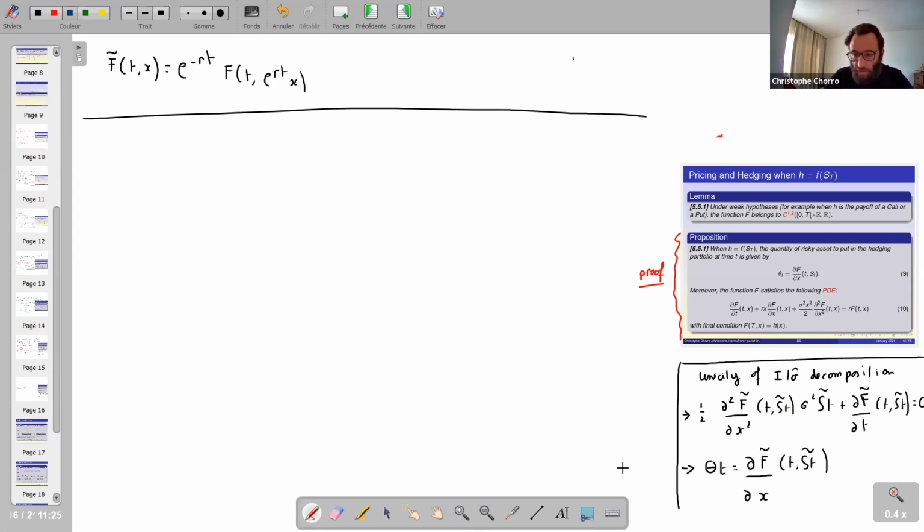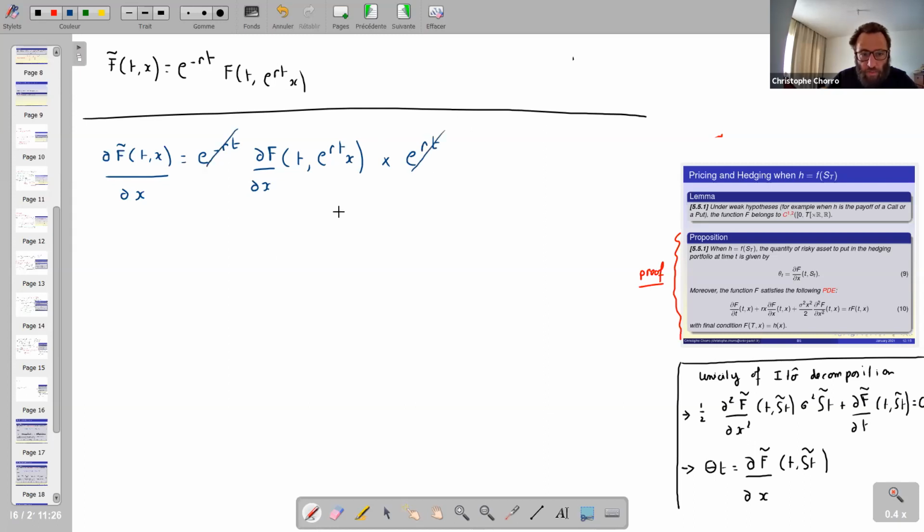So for the derivative with respect to x, I said that d f tilde of t, x over dx is equal to what? I have to compute the derivative of this one with respect to x. Very nice. Exponential minus rt, df over dx of t, exponential rt x, multiplied by the derivative of what I have inside, that is exponential rt. So I have a simplification between this term and this term.